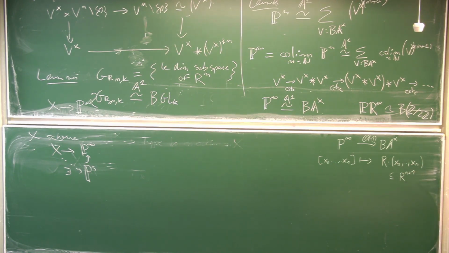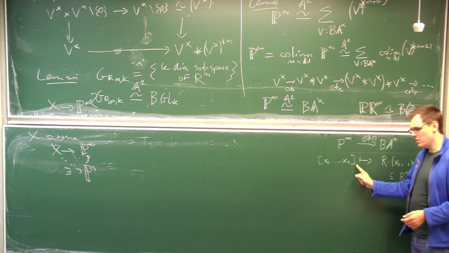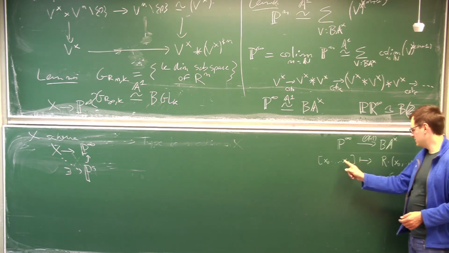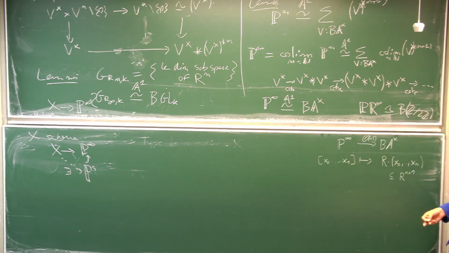When we pass from n to n plus 1, then I get an additional 1 here, right? Zero? You extend that by 0. Because there's an additional 0, you can just add 0. So we get certain lines in R^(n+2); indeed from a line in R^(n+1), I get one in R^(n+2).